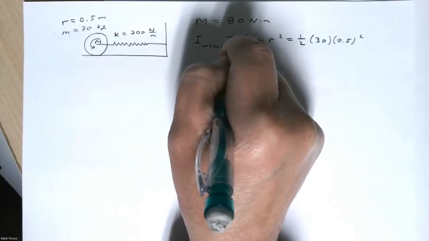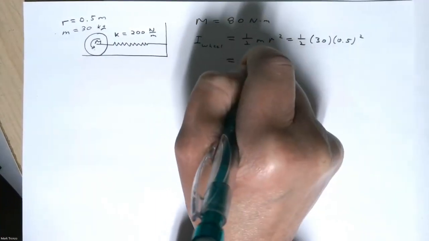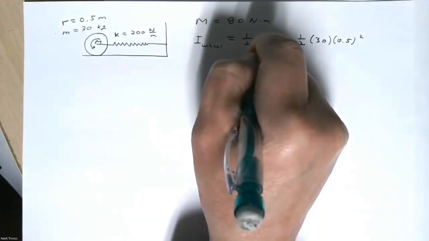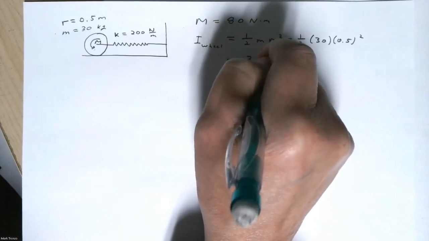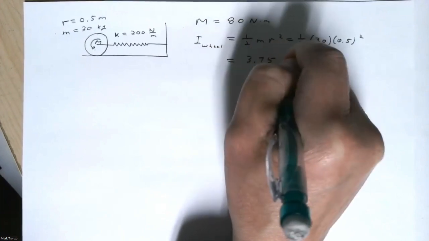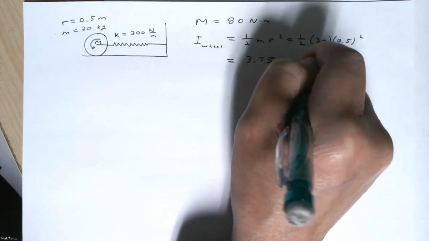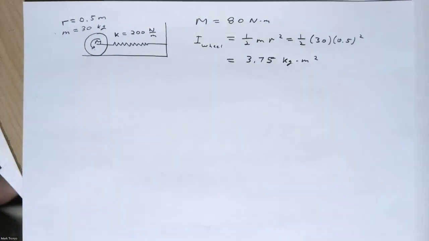And so the wheel, when you put that in your calculator, that comes out to be 3.75 kilogram meters squared.